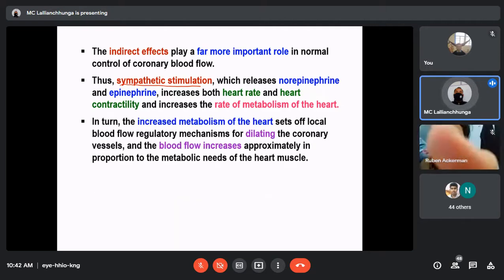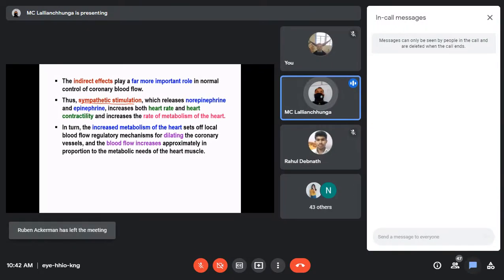In turn, the increased metabolism of the heart sets off the local blood flow regulatory mechanism for dilating the coronary blood vessels, and the blood flow increases approximately in proportion to the metabolic needs of the heart muscle. It means that when there is increased metabolism of the heart, as I've told you so many times, a dilating mechanism takes place in the coronary blood vessels, so that blood flow will increase.